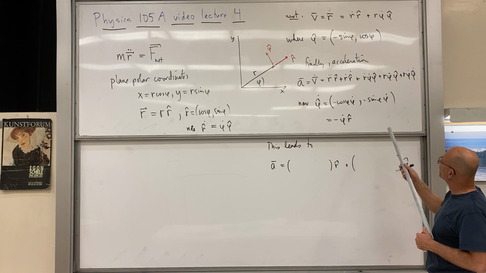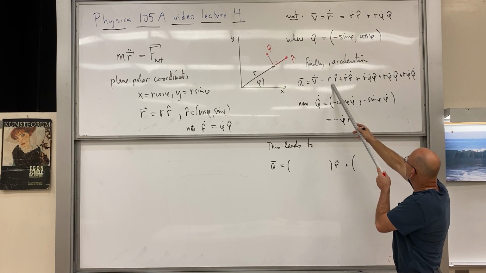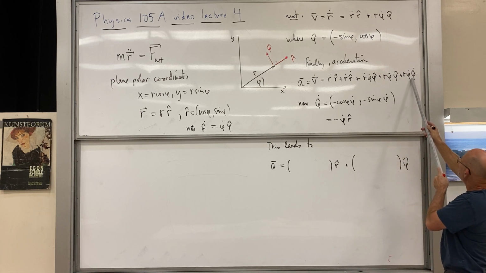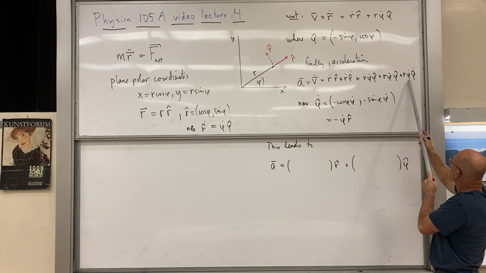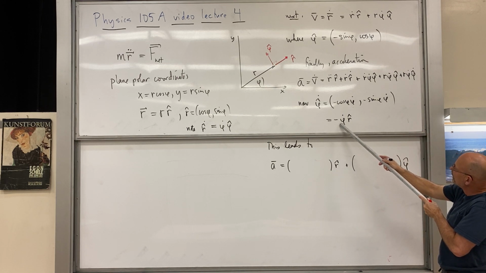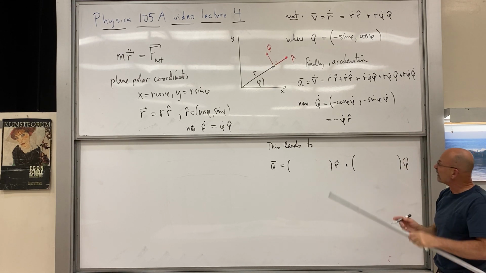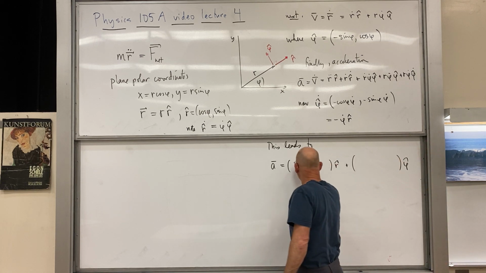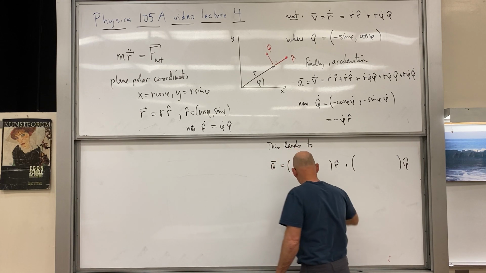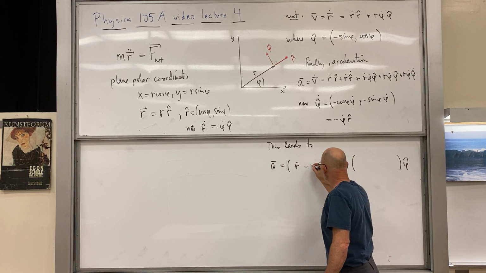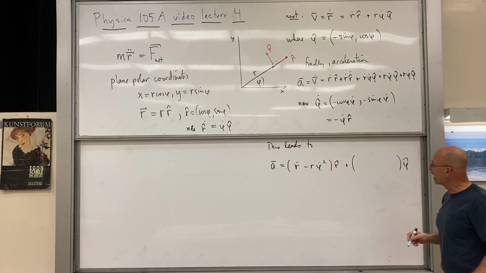We should be able to pull this off now. We have our second derivative for the r hat, and then we have r phi dot phi hat dot, so it's going to be r phi dot another phi dot r hat. So we end up with r double dot, minus, remember we got that minus sign in there, minus r phi dot squared, r hat.